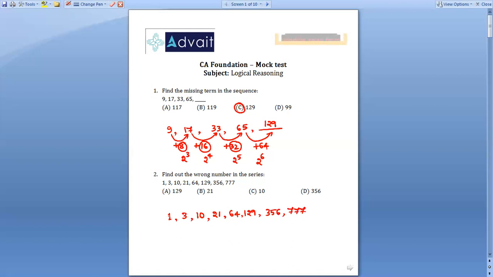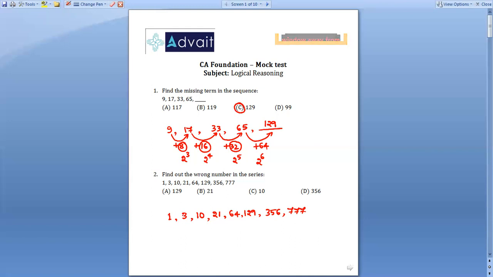But observe, it's very easy to go from 1 to 3. 1 into 3 gives 3. But observe the second and third term, 3 and 10. We cannot connect 3 and 10 using a direct product because 10 is not divisible by 3. So probably the given sequence is a combination of addition and multiplication.